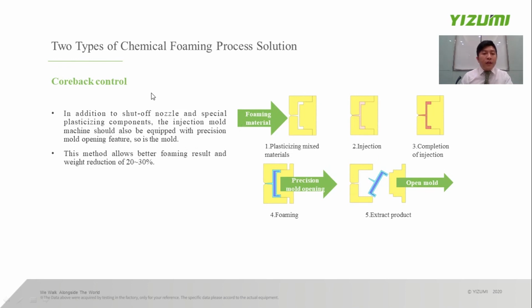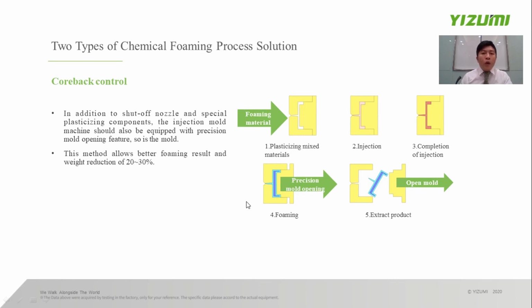The second way, we call it core back control. In this way, the difference is in the fourth step, the forming step. In this step, the mold will open slightly with high precision control after material injection, so that the space for forming gets bigger.